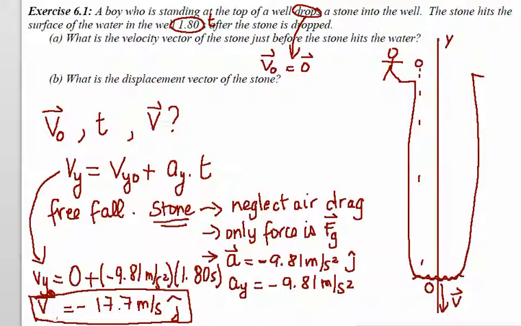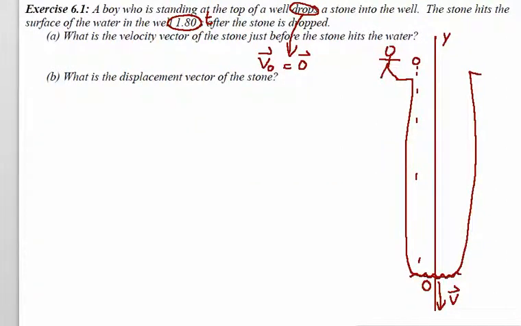So I'm going to have to erase everything to calculate the acceleration. No, sorry, to calculate the displacement. To figure out the displacement, which is the change in position from the initial position to the final position, I need to figure out the initial position, which is this one.